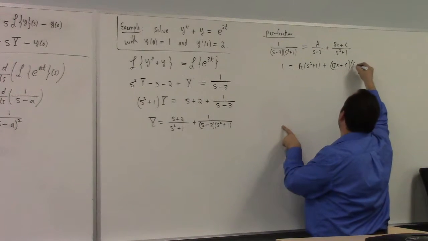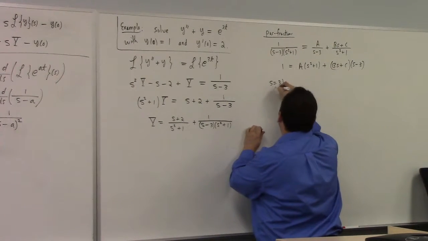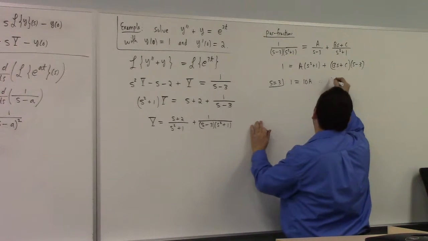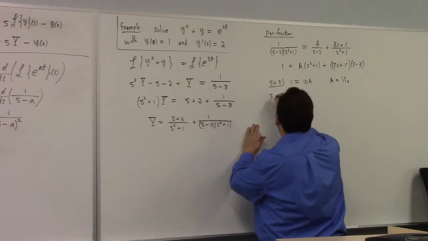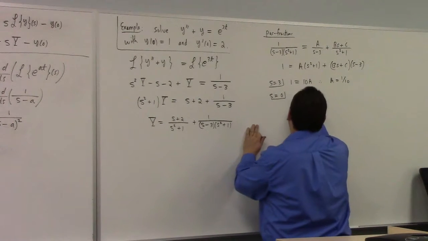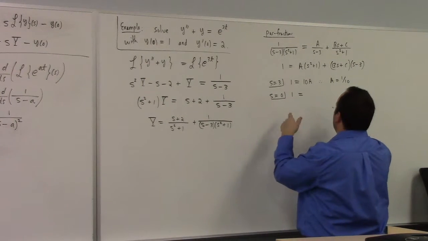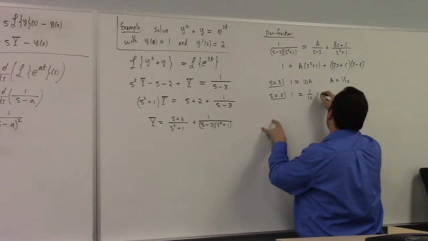And let's see here. So some easy picking. If I put s equals 3, I get 1 is equal to 10a, right? So a is 1/10. Another low-lying fruit, if I put s equal to 0, that's kind of nice. 1 is equal to, let's see, I put s equal to 0. So 1/10 is a, right? And s equal to 0 plus what?